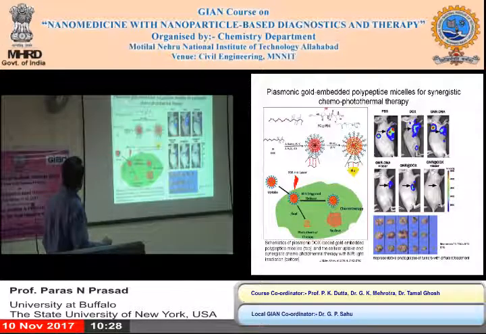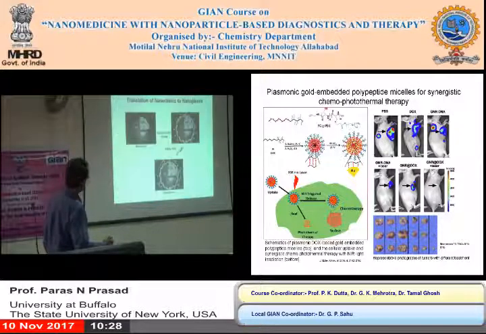This is gold embedded in polypeptide encapsulation, where you can do both chemo as well as photothermal therapy. You can include the drugs in this micelle nanoparticle, and you can also put in smaller gold nanoparticles, and do both combined.